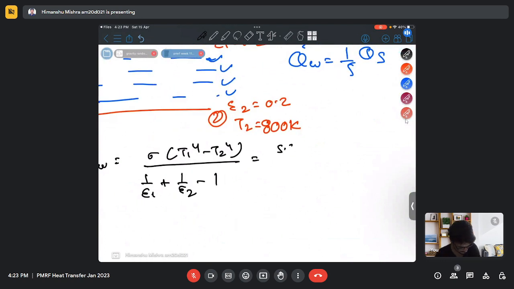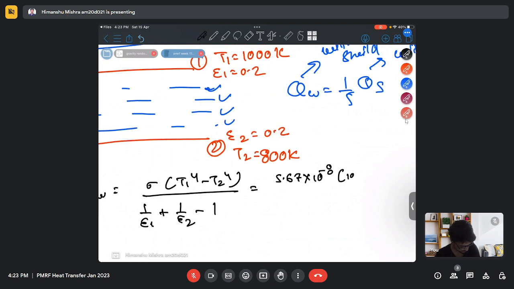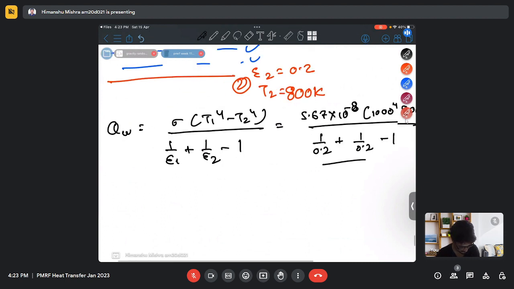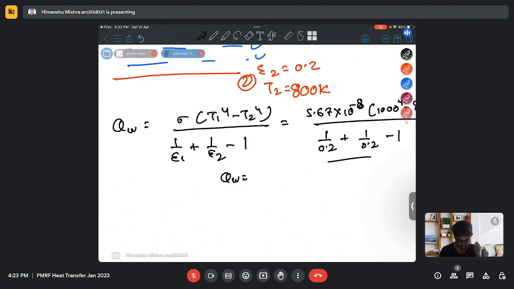So when we plug in the values, we just need to find the values here. So my heat transfer without shield will be 3720 watt per meter square.